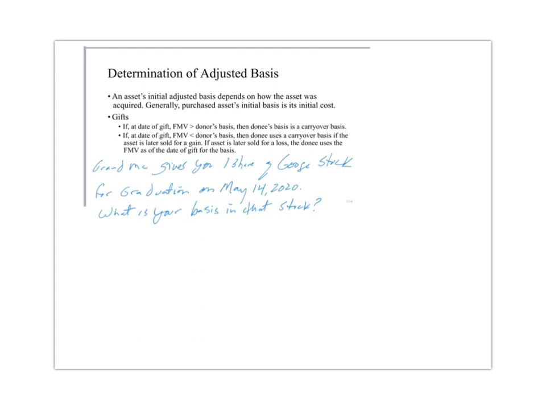Hold on though. Let's say she purchased the stock when it IPO'd in 2004, and Google IPO'd for about $85 a share.